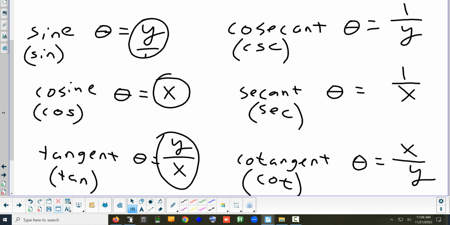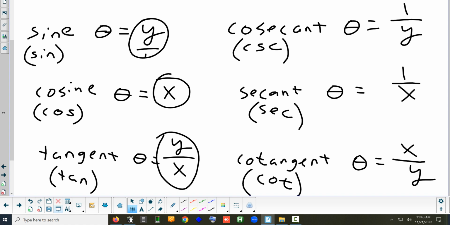The 3-letter abbreviations are generally the first 3 letters of the name, except in the case of cosecant, since we've already used COS somewhere else. So they go by syllables, cosecant. Everything else is just the first 3 letters.